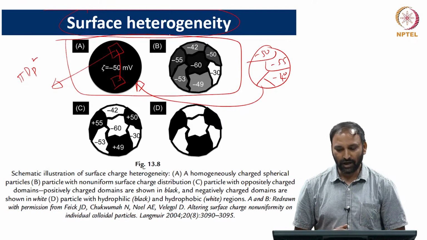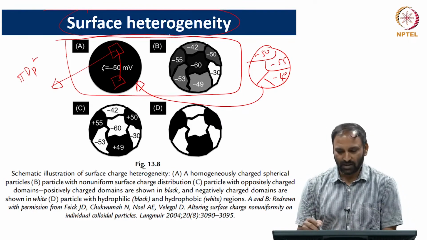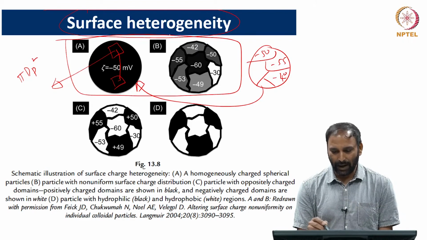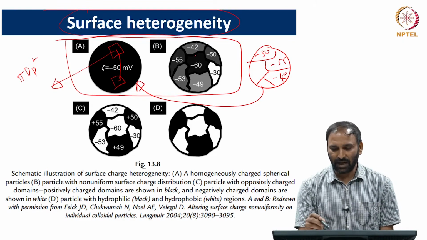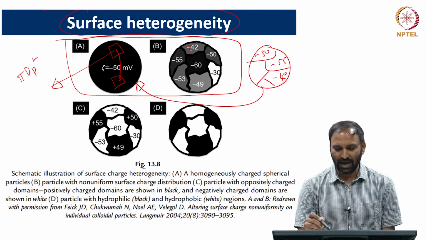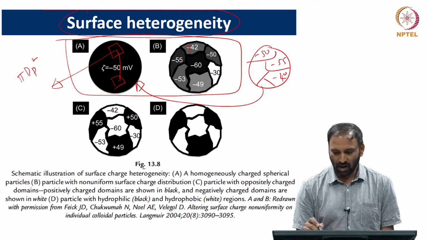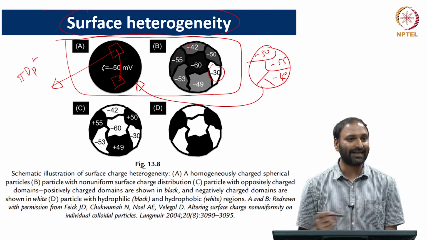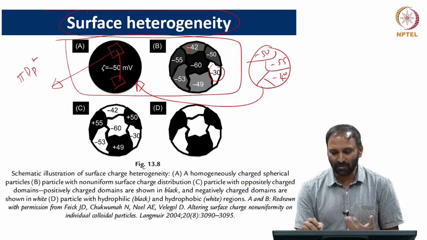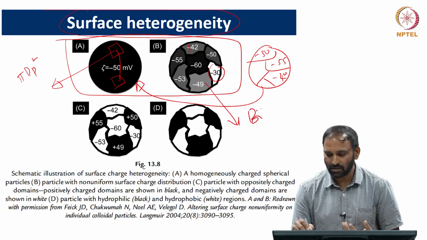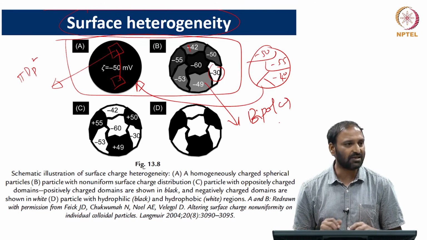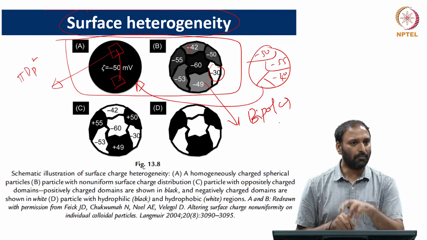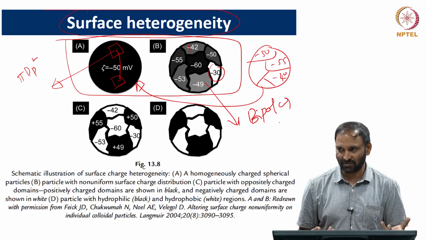Or you could have designed experiments where some regions of the particle are positively charged, that may have positive zeta potential, and some region may have negative. That is an example of what are called bipolar particles. That means these are particles which have both positive charges and negative charges on the particle surface.